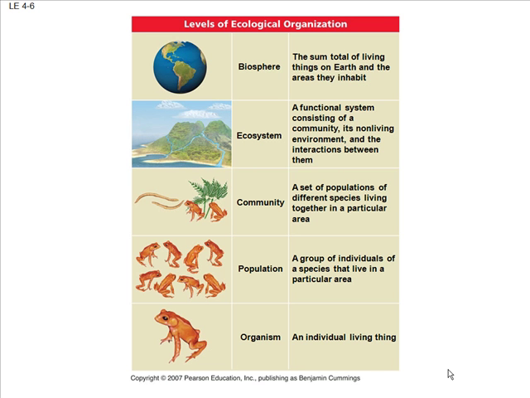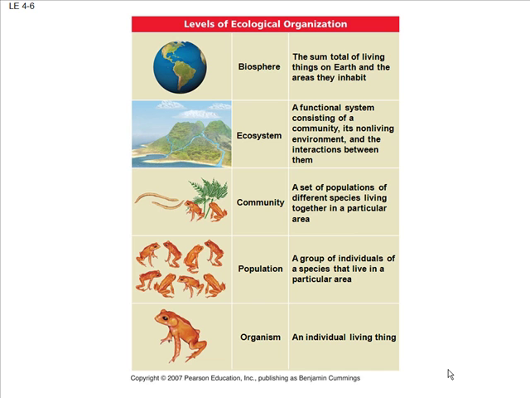Start out by just discussing briefly the levels of ecological organization. There are, in this table, 5 levels of ecological organization. We can start from the bottom and think about the organismal level, right?